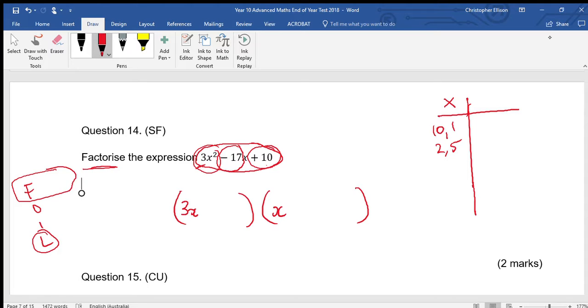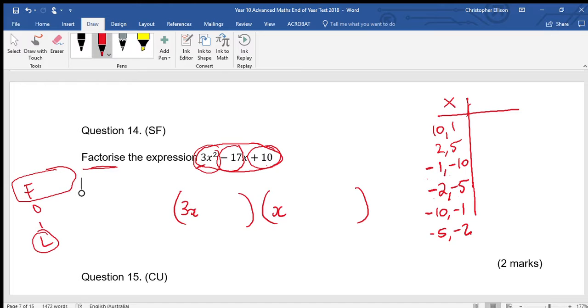So we also need to consider negative 1 times negative 10, which will still multiply together to give positive 10, and also negative 2 multiplied by negative 5. The complexity is added to this one because there are a number of different ways this could happen, where also negative 10 and negative 1 could work, and negative 5 and negative 2 could work.